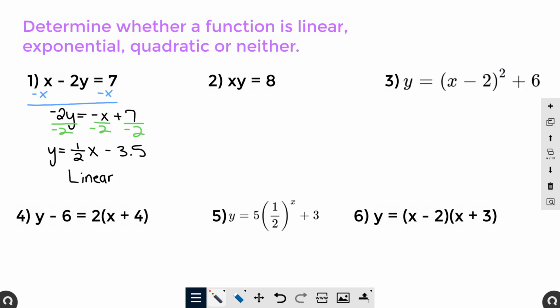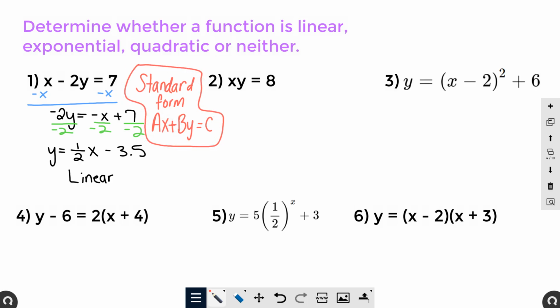And if you want to go back to your chart, I would go back to another slide, but it may take 10 years to get back to this one. You can add this type of form under the front part where we did all the information. This is actually a standard form linear equation. And in standard form, it is AX plus BY equals C. So you can add that on the front under linear.